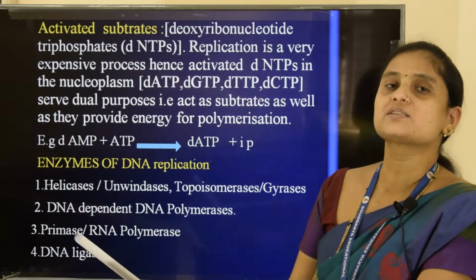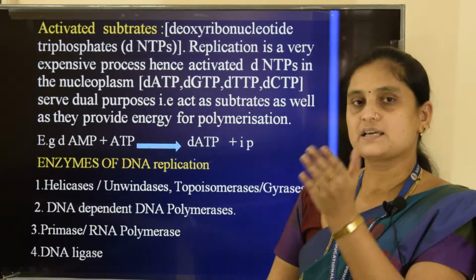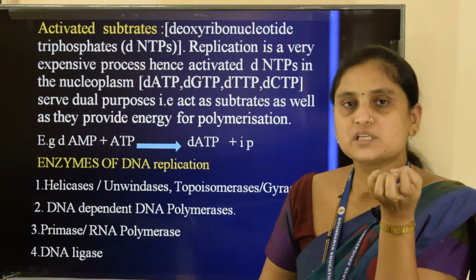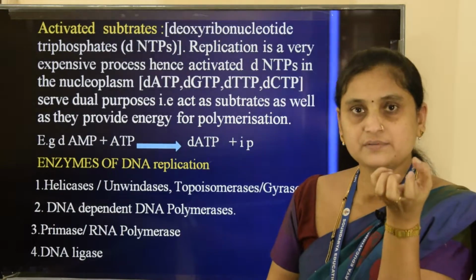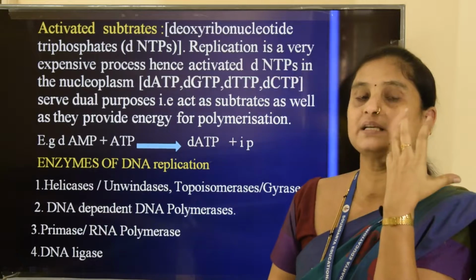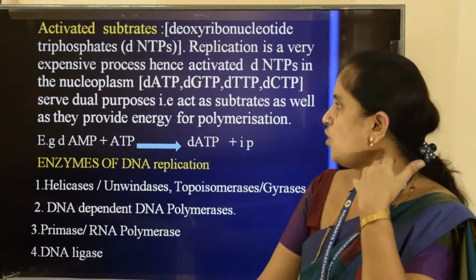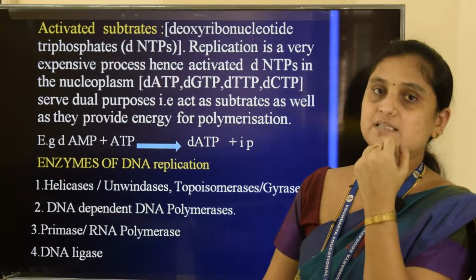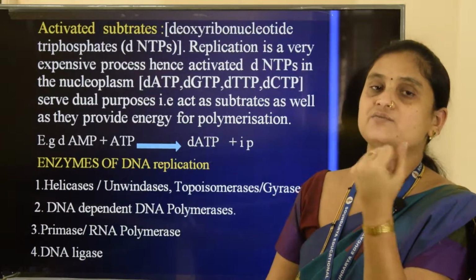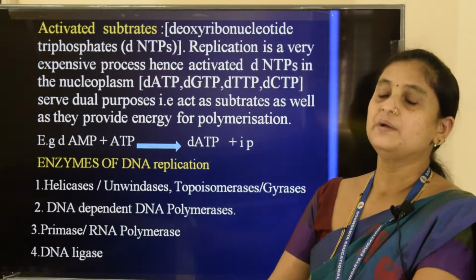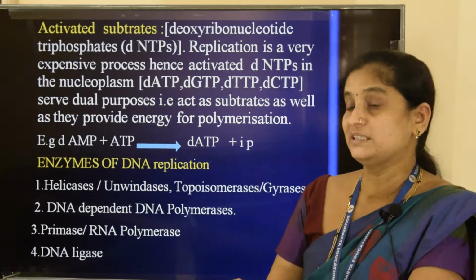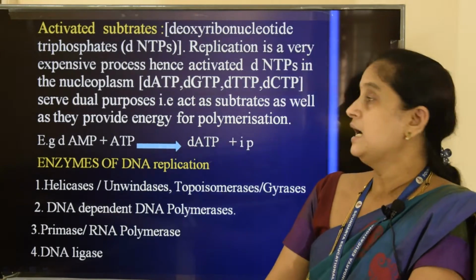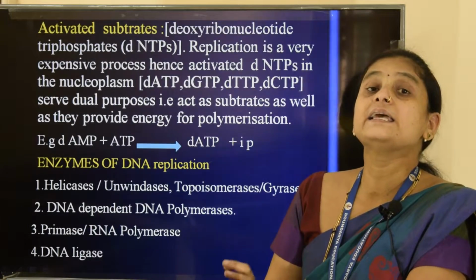But these deoxyribonucleotides, as there are 4 types, like adenosine monophosphate, guanosine monophosphate, thymidine monophosphate and cytidine monophosphate, and all these 4 types of monophosphate forms of nucleotides are present in the nucleoplasm. Hence the nucleoplasm is considered a nucleotide pool with respect to replication, and they are in inactive form.